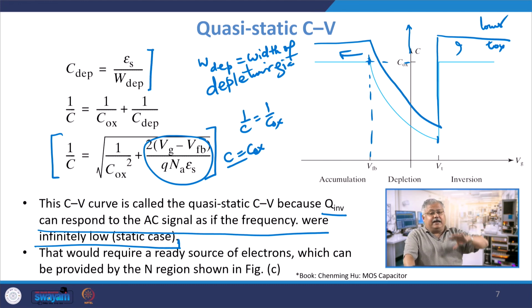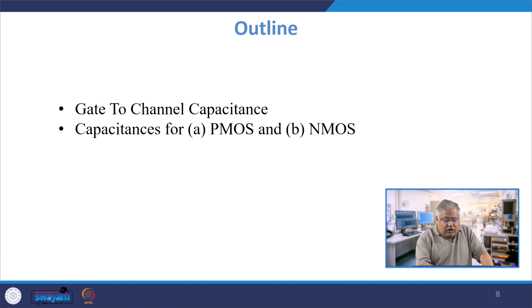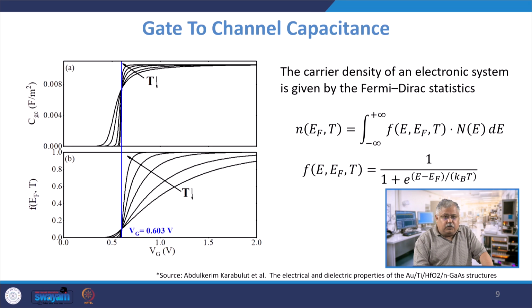For all these CV characteristics, assuming they are quasi-static in nature, the flat band voltage still remains the same, but if your T ox reduces, C ox becomes higher and higher, and therefore there is almost a vertical shift in the CV characteristics in the quasi-static region of operation. We will now come to gate to channel capacitance for PMOS and NMOS.